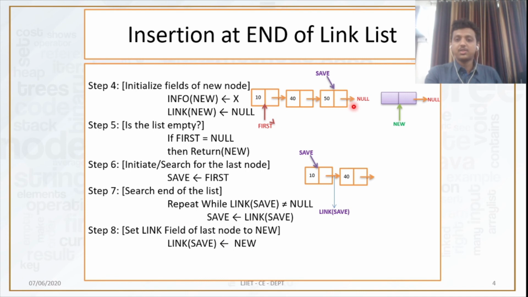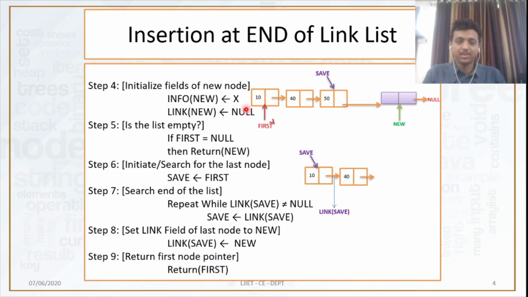The null is removed and it now points to new. Then we need to return the address of the first node. What is the first node? first. So just write return first.